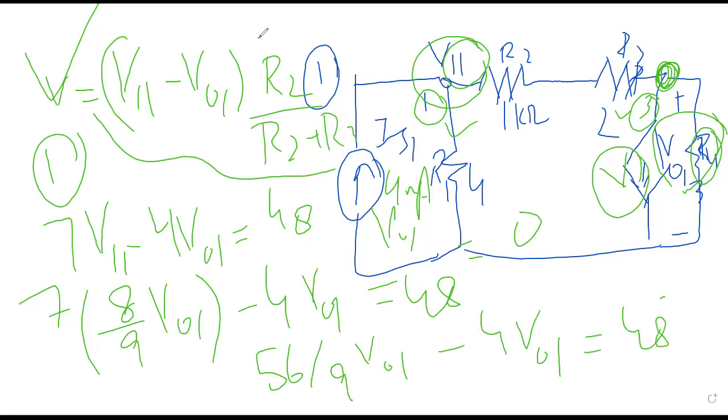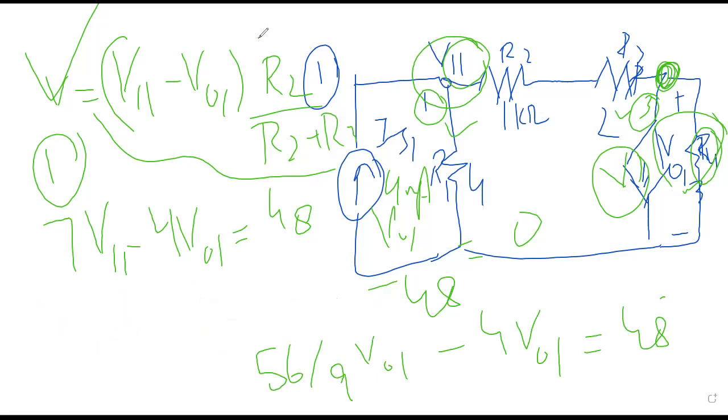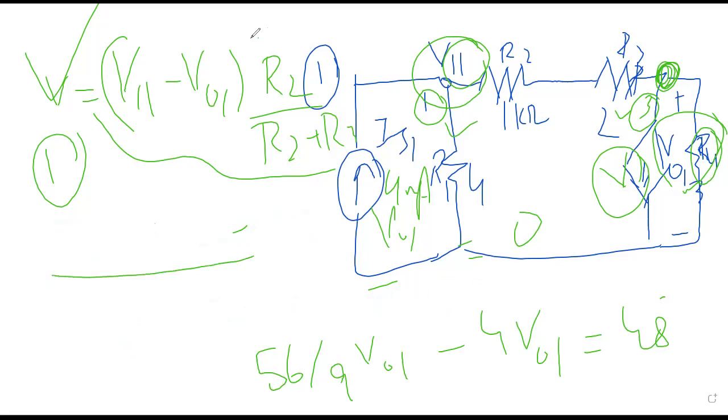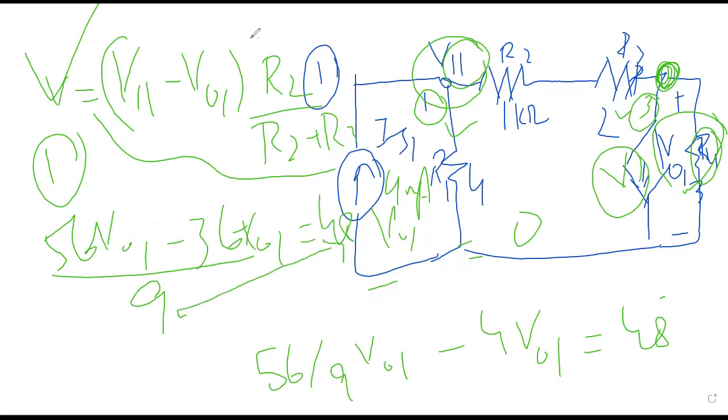Now taking the LCM. So after LCM, it must be 9, and taking 56 V01 minus 36 V01 equals 48. So this 9 was multiplied here.